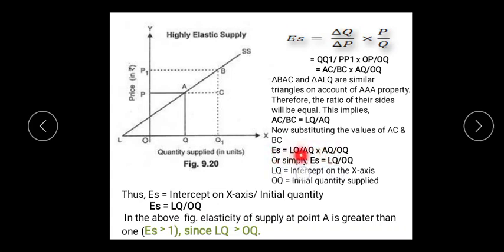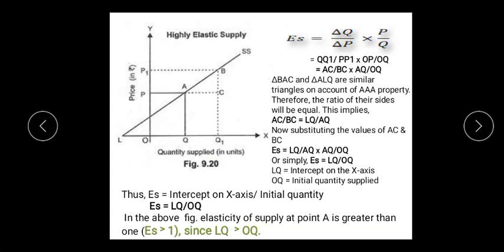So elasticity of supply is equal to LQ divided by AQ into AQ divided by OQ. Now AQ and AQ get cancelled. So elasticity of supply would be equal to LQ divided by OQ.